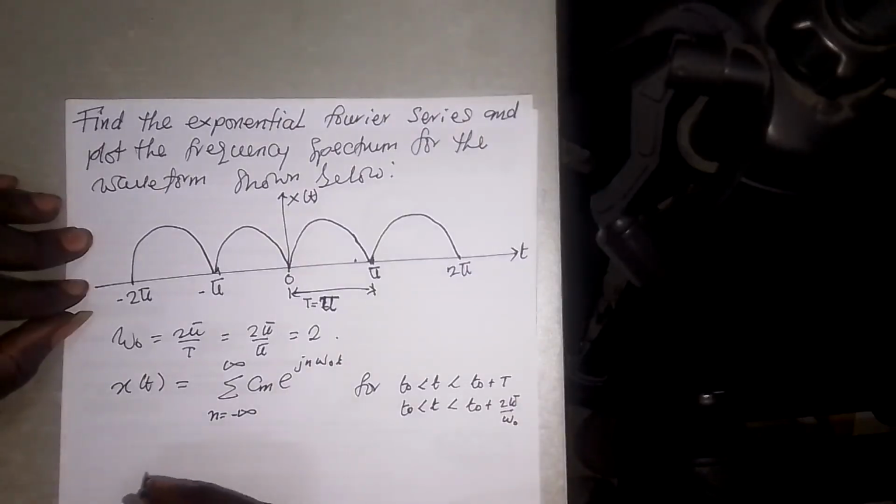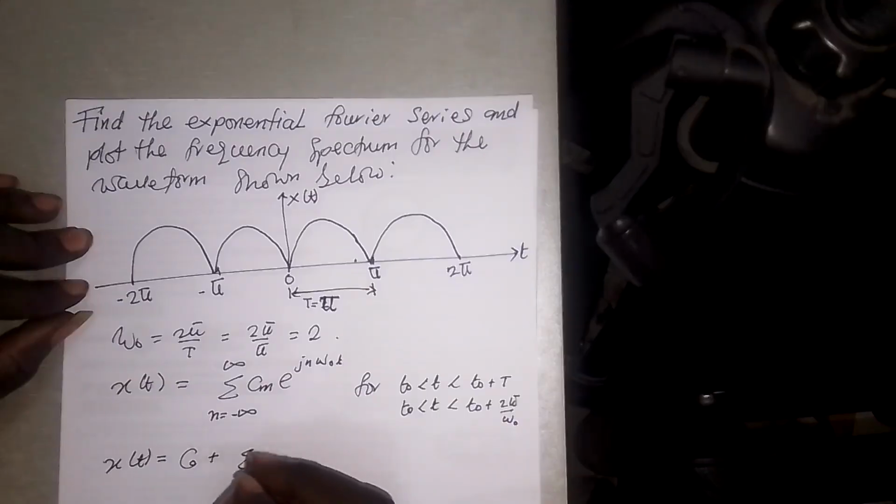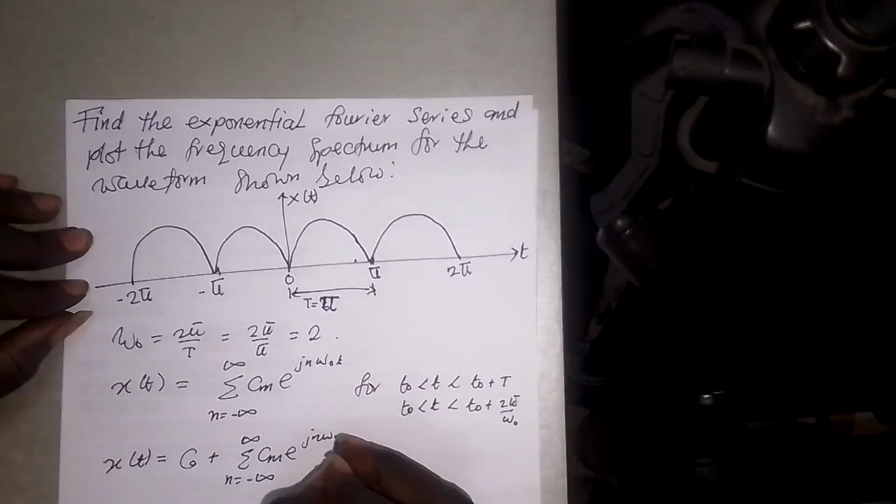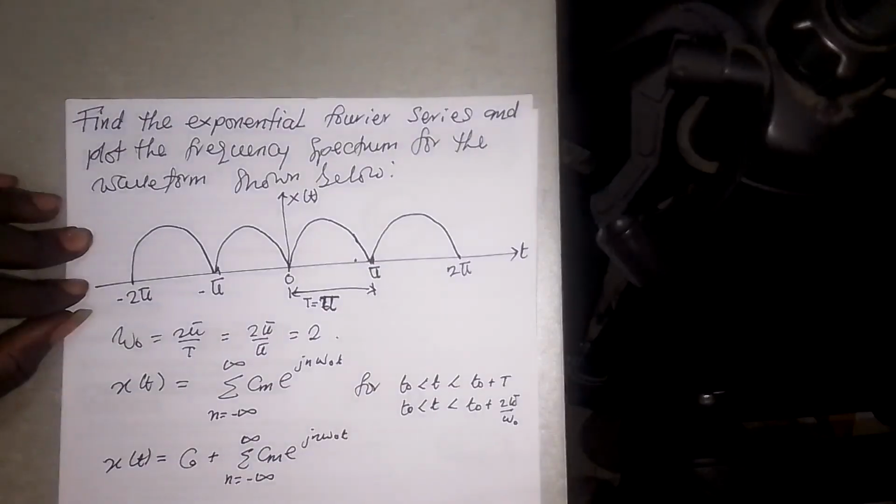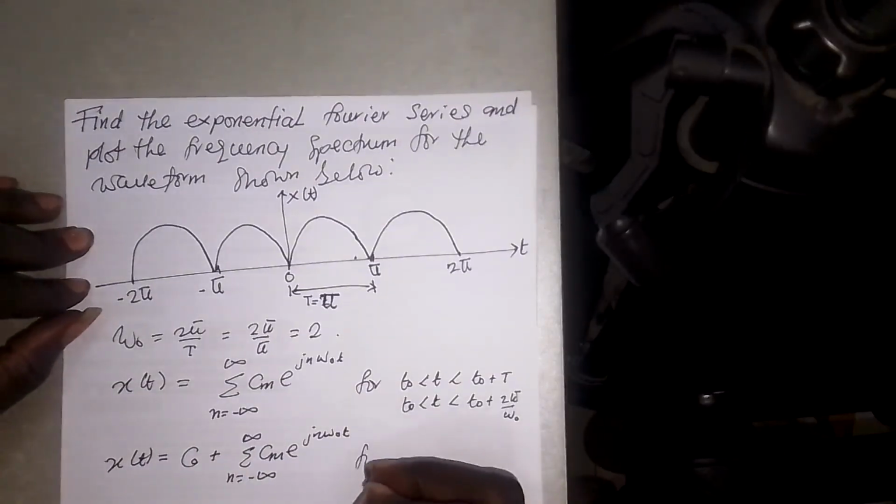So if I want to add my x naught, I can say that c0 plus the summation from n equals minus infinity to infinity of c_n e^(j n omega naught t), for the same interval.